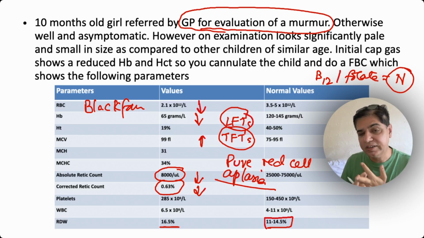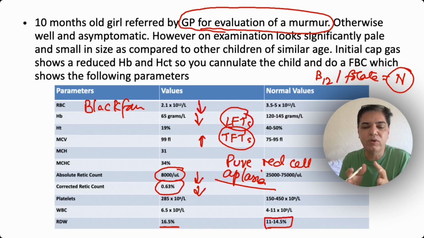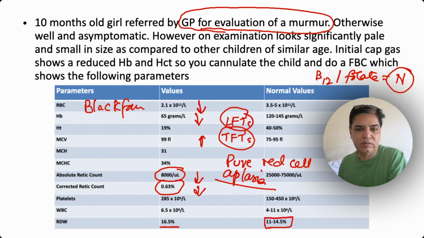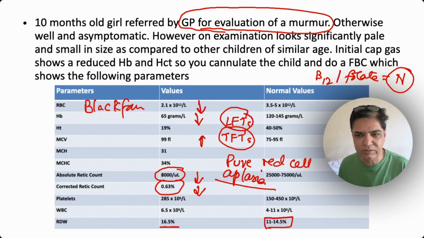Number two, dietary B12 and folic acid deficiency, especially in those on goat milk, like in South Asia, children who don't start weaning and they say breast milk is enough and the child is just taking liters of milk, they can develop B12 and folic acid deficiency. So that can happen in this age group. But this was probably a British child, and he had nothing of that sort in his history. Anyhow, we have done the B12 and folic acid levels as well, normal.